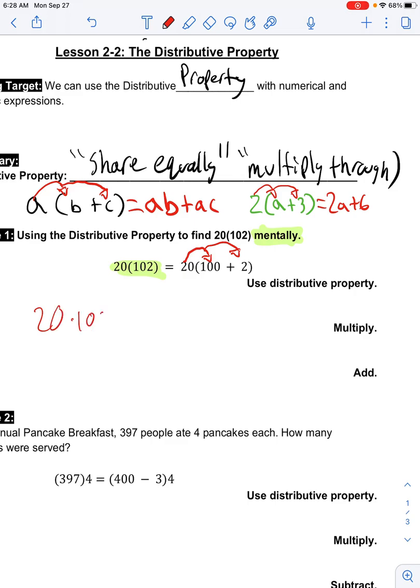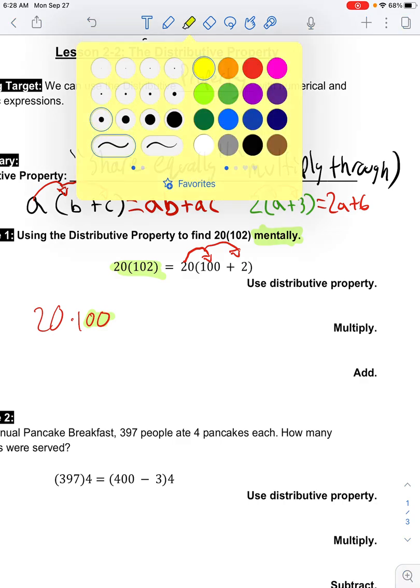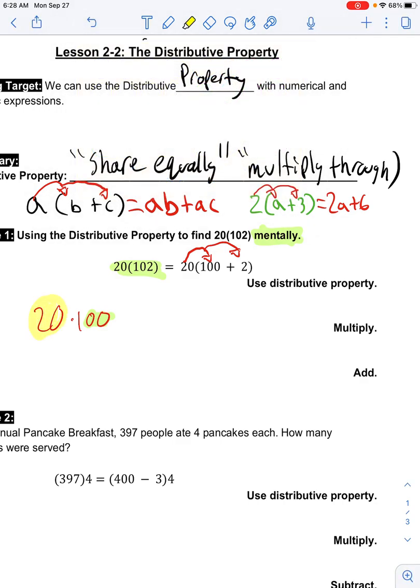So if I think about 20 multiplied by 100, when I have multiples of 10 like this, I have to look at how many zeros I have, and I have 2, which means I'm going to take what I originally started with, which was 20, and add 2 more zeros. So 20 times 100 is 2,000.